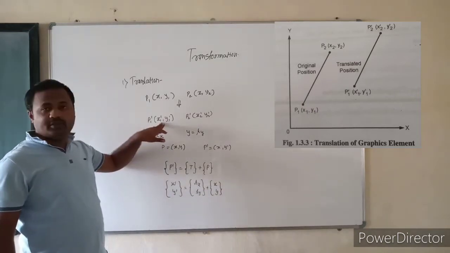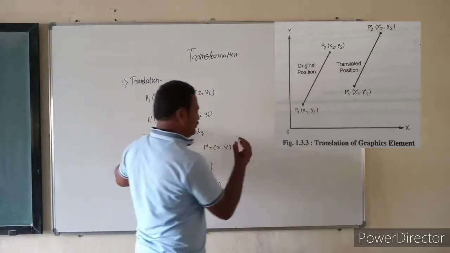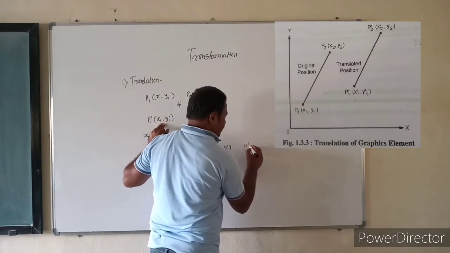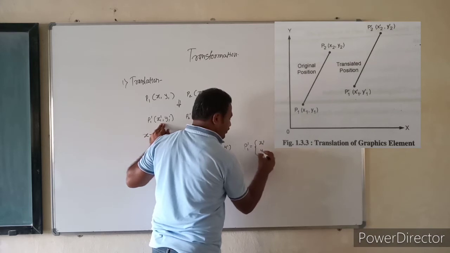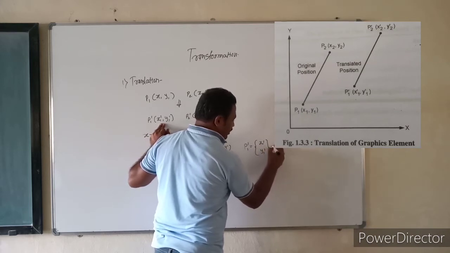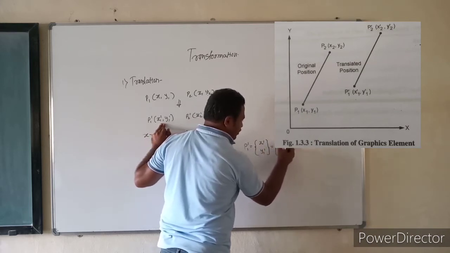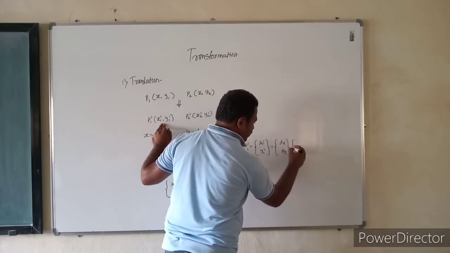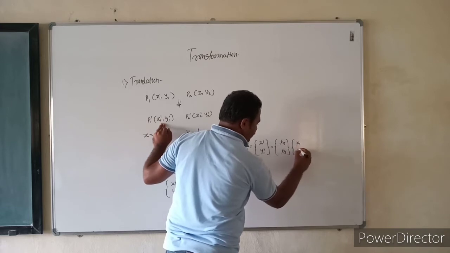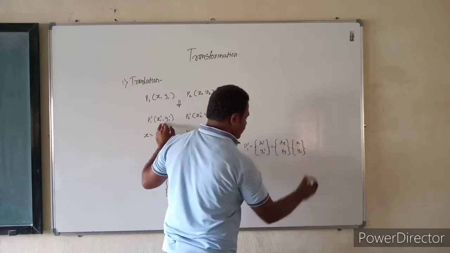Similarly for P1 dash: x1 dash, y1 dash is equal to Tx, Ty plus x1, y1.